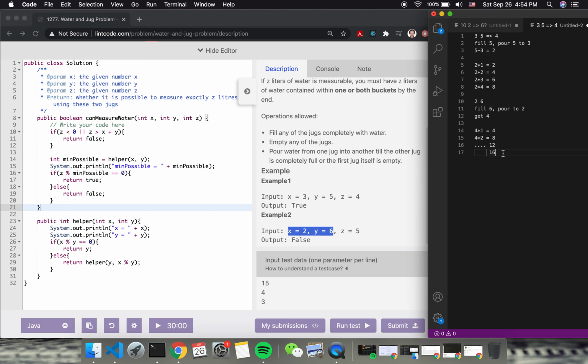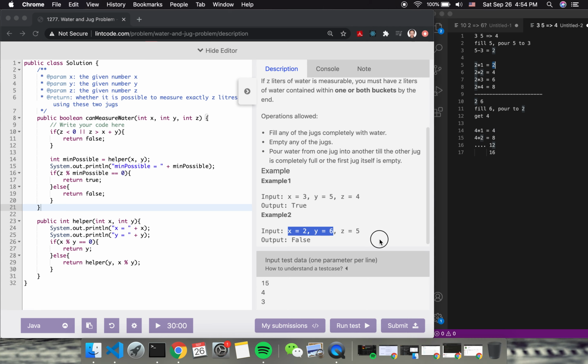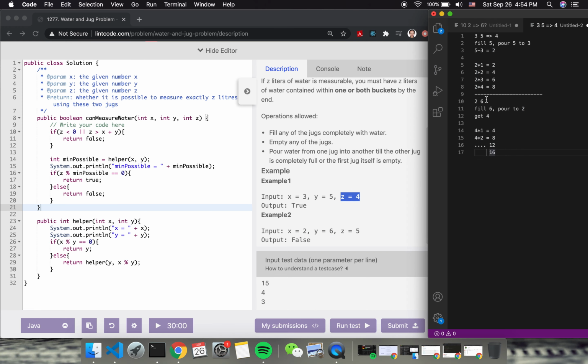As long as we get this understood, I think the code should be easy. The magic trick here really is how do we get this 2? For example, with the original jugs 3 and 5, we get a 2, and we can multiply it and compare the product with Z. In the second example, we have 2 and 6, and from these two volumes we get the magic number 4.